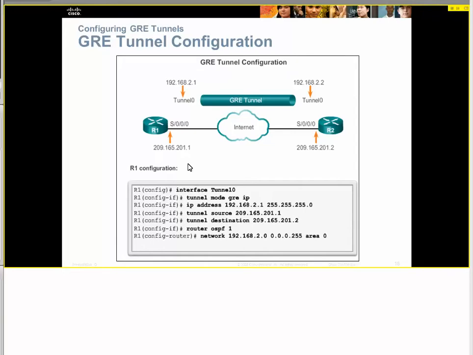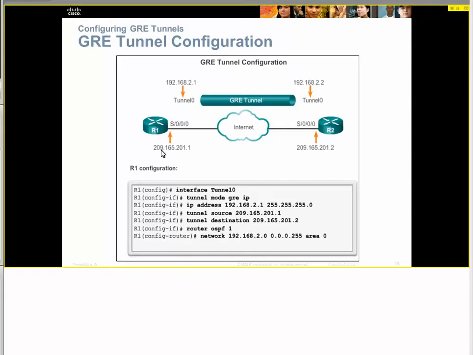Now, if you take a look just up above, you notice each of these routers has a public address associated with its interface. So on router 1, the interface serial 0/0/0 has been designated as public interface 209.165.201.1.